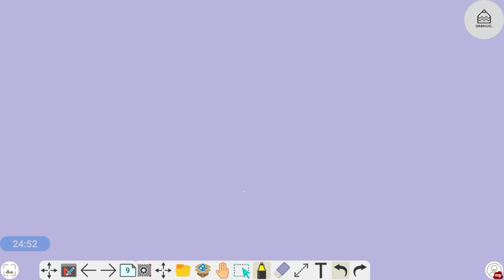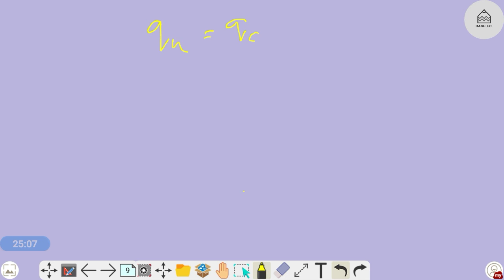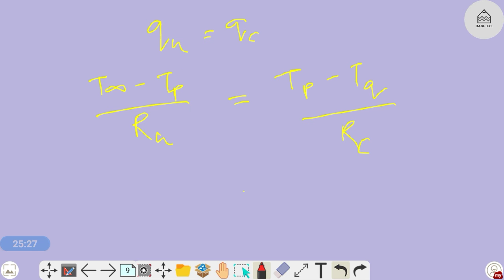So as this is in steady state, QH is equal to QC, because both of them are in series. QH is T infinity minus TP divided by RH, and QC will be TP minus TQ divided by RC. Yes or no? Hope you have understood this.